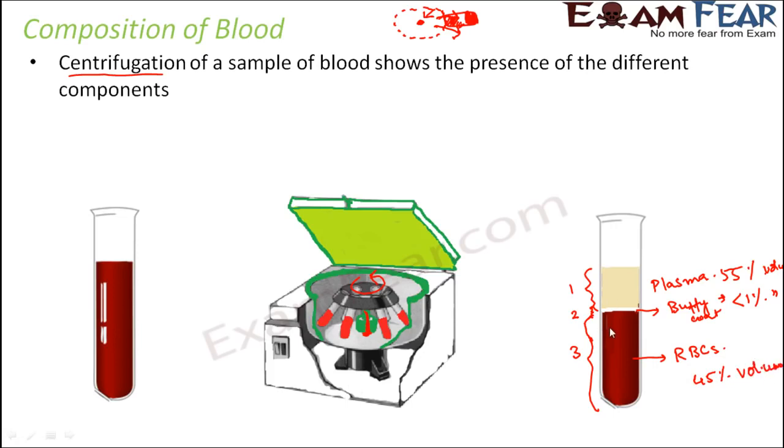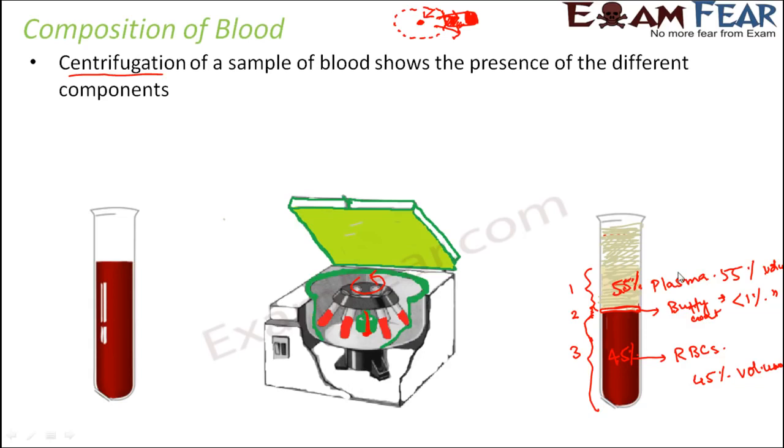Now this picture might be giving you a wrong idea, because here you can see that the red colored layer is more and the cream colored layer is less, but actually that is not the case. Plasma is 55%, which is more than half, so this cream colored structure will go maybe up to here. RBCs are 45%, and this thin layer, the buffy coat, is even less than 1%.